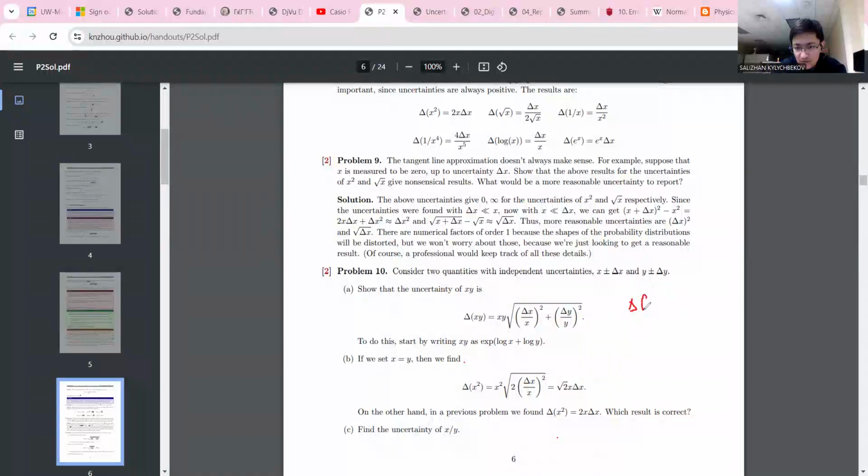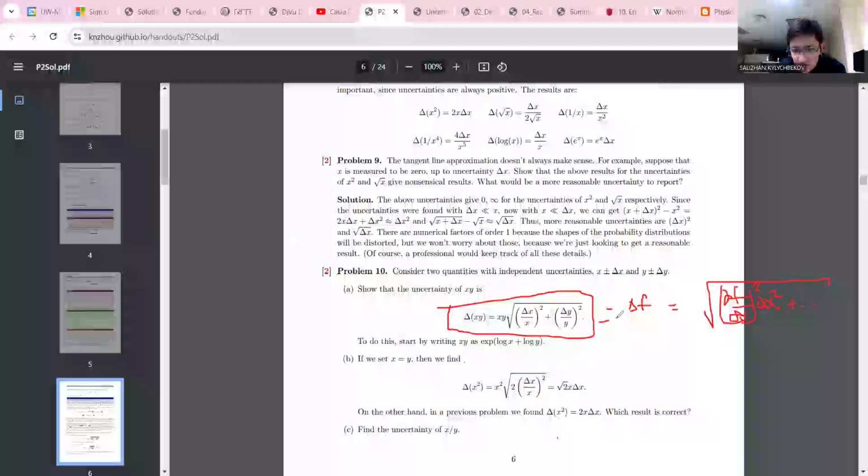Delta f is equal to the square root of the partial derivative with respect to the first variable squared times delta x squared, and so on. However many variables we have, we keep doing that. Sometimes they prefer writing it this way, which is actually the same thing. And you can also prove this.